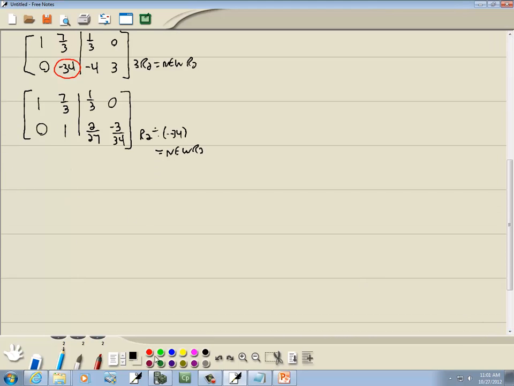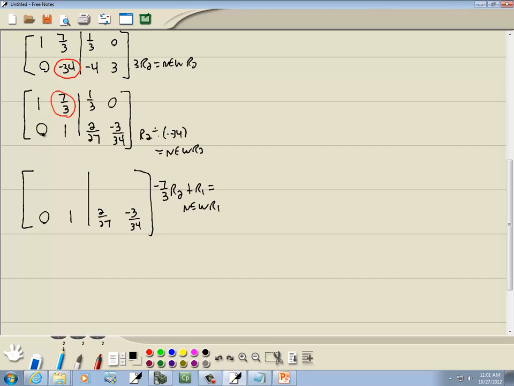Okay, now last thing is I need to get a 0 here. I'm going to multiply the second row by negative 7/3, so negative 7/3 times row 2 and add that to row 1 to give me my new row 1.